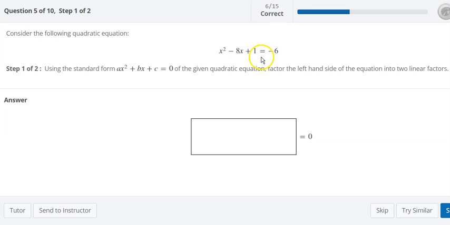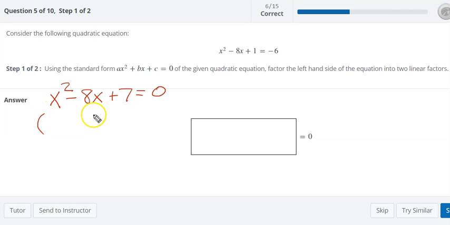All right, now this one is of the type where it looks like a trinomial on the left, but it doesn't equal 0, so it's not in standard form. So the first thing we have to do is put it in standard form. So this part's okay. We have to transpose that. On this side, it becomes a positive 6, plus 1 is plus 7 equals 0.